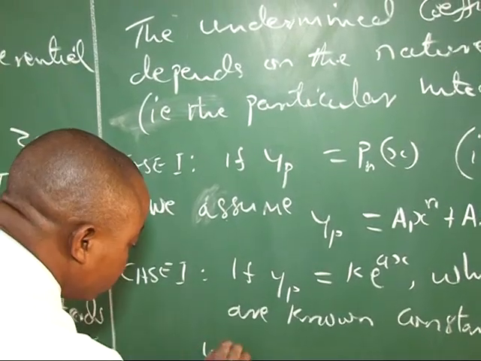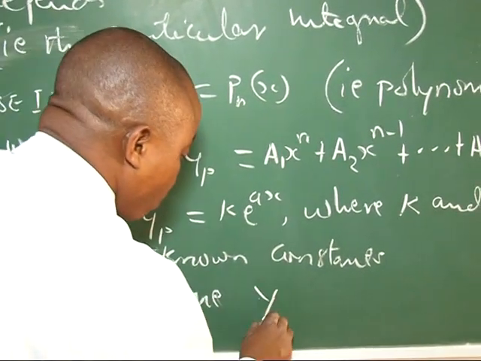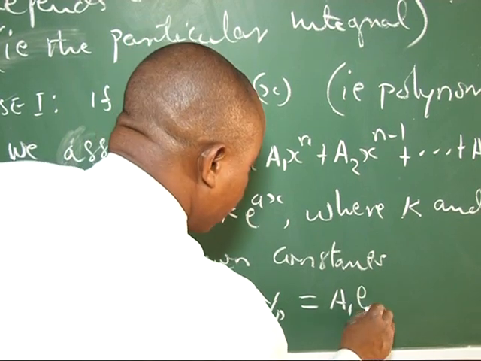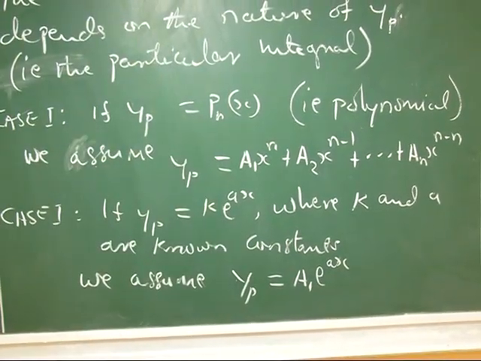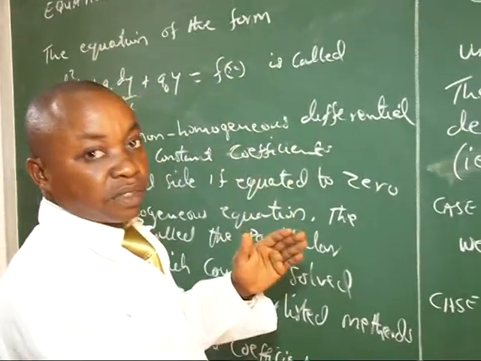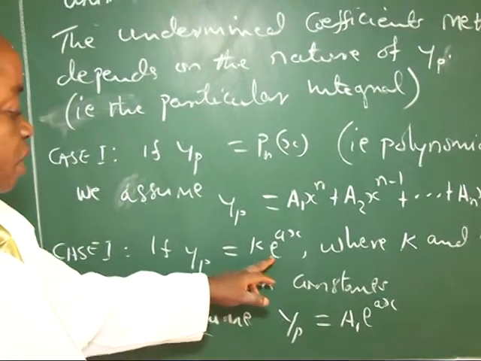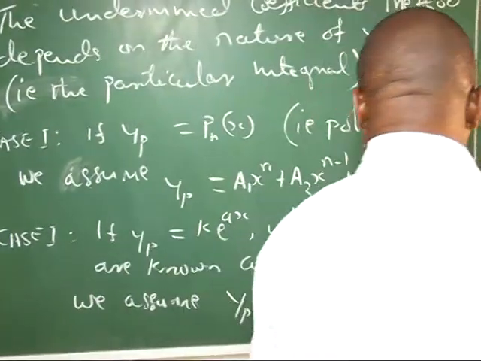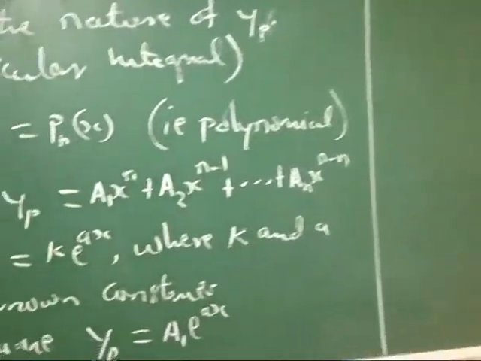We assume yp is equal a1 exponential ax. That is, if yp, that is this side, is exponential function, and in that exponential function we have k, which is constant, exponential ax. So we assume a1 exponential ax, where a1 is a constant.